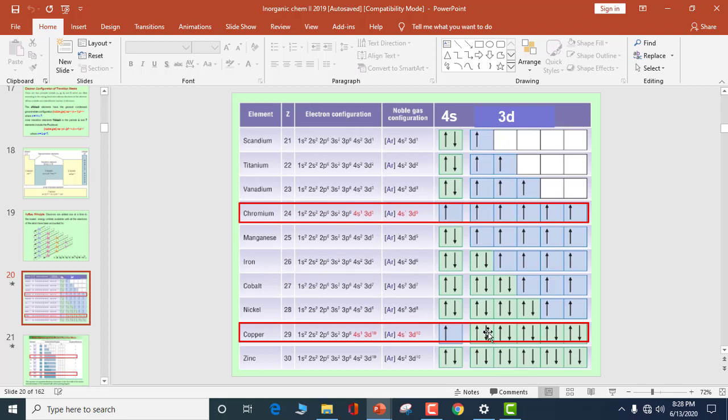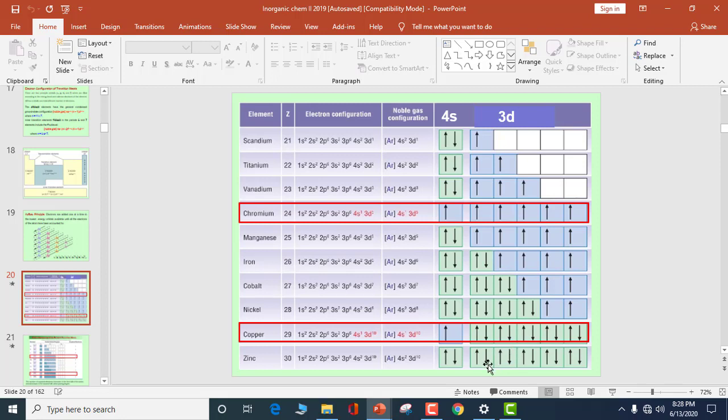They are placed in the group of the transition elements, in the d block of the periodic table, but according to the definition, their electronic configuration cannot fulfill it, because the d orbital is completely filled here and here.